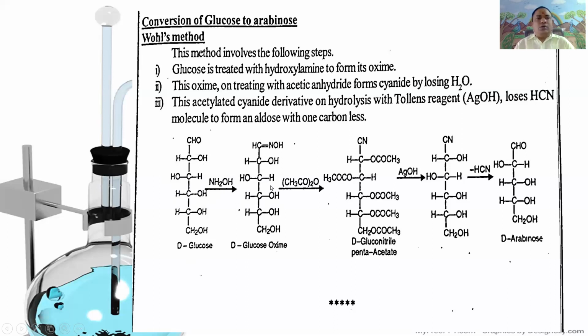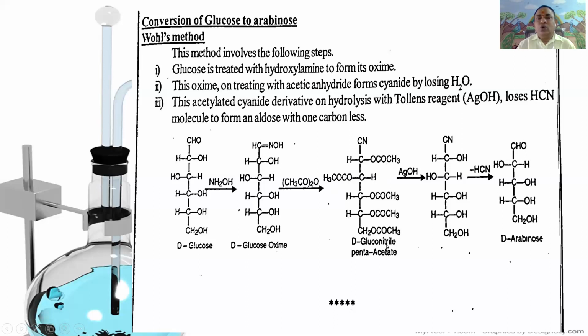This oxime of glucose, upon treatment with acetic anhydride, gives the pentaacetyl derivative of D-gluconitrile: CN, CHOCOCH3, and so on through CH2OCOCH3.